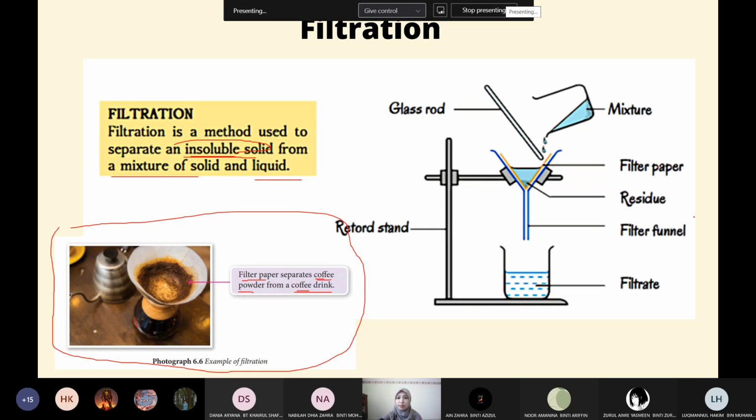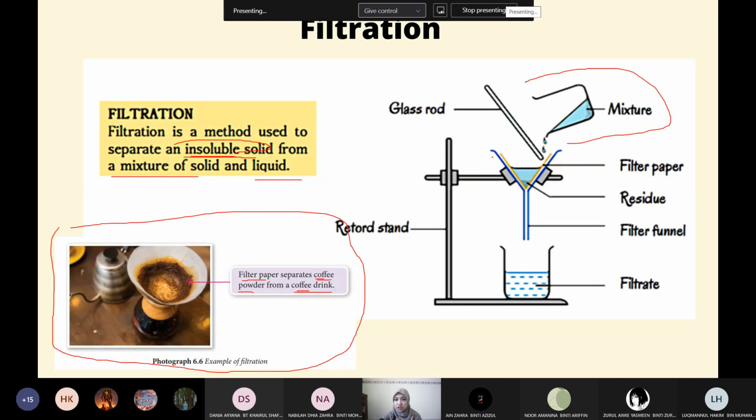Kalau dekat dalam makmal, this is the setup apparatus for filtration. For example, let's say we have a mixture in this beaker. Katakanlah dalam ni kita ada mixture insoluble solid, and then we pour this mixture into this filter funnel.